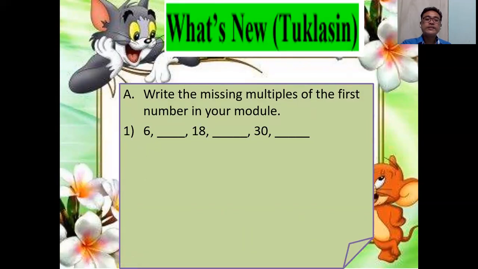You have 6, blank, 18, blank, 30, blank. Time is up. The answer is 6, 12, 18, 24, 30, 36.